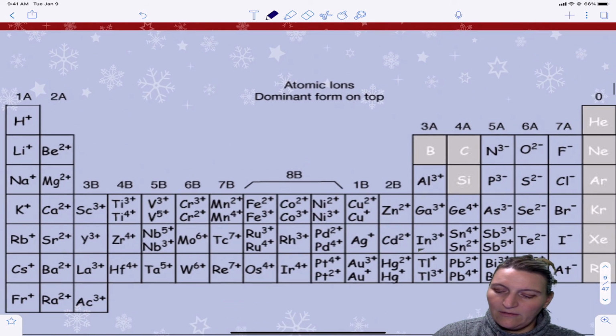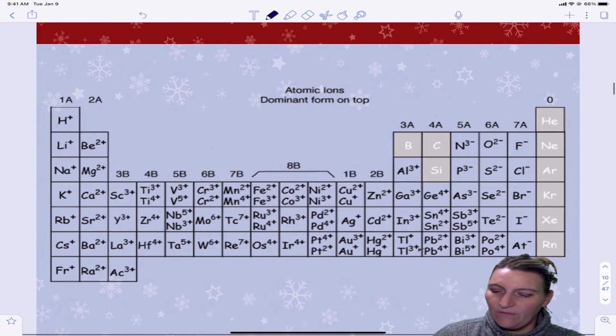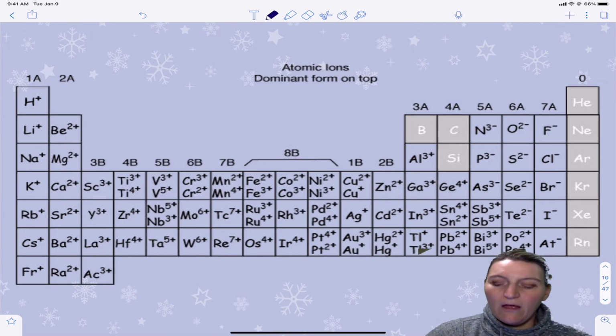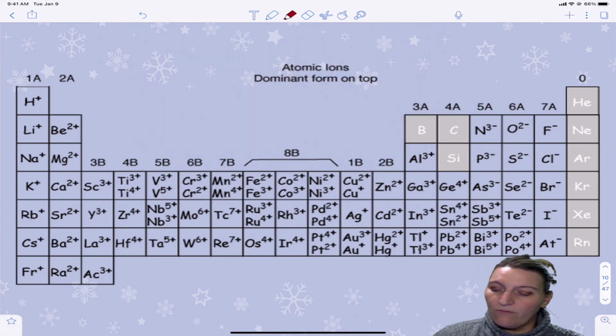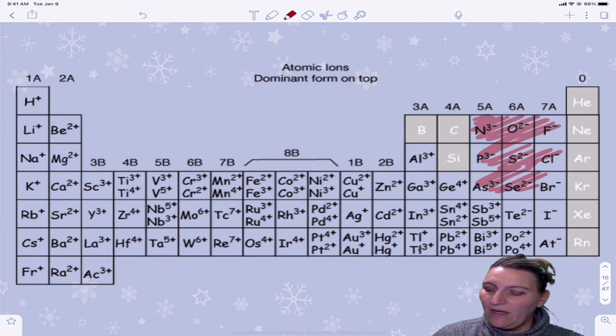And this diagram right here shows all of the common ions for most of the elements. And so you can see over on the right-hand side that we have all of our nonmetals here, and our nonmetals making negative ions, right? Negative ions means that they've gained electrons.